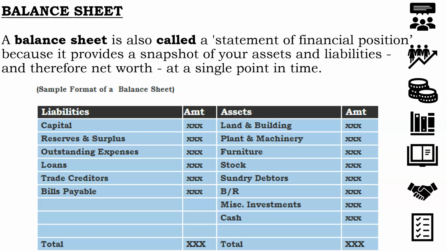But right now the basic meaning of assets is the goods that we have, or the land and building, or whatever things of value we have. Assets means items of value. So whatever things we have in our hand which help us increase the efficiency in our business, or which help us do the business, are known as assets, and they are shown in the credit side of the balance sheet.